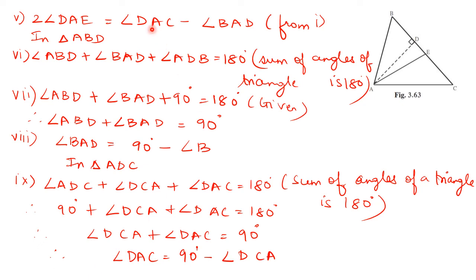Okay, so now we have got the value of DAC as 90 degree minus angle DCA, and we have got the value of angle BAD as 90 degree minus angle B. So this DCA is nothing but I can write it as angle C. So here instead of writing DCA, I'll write angle C. Now we'll substitute these two values in this and check.